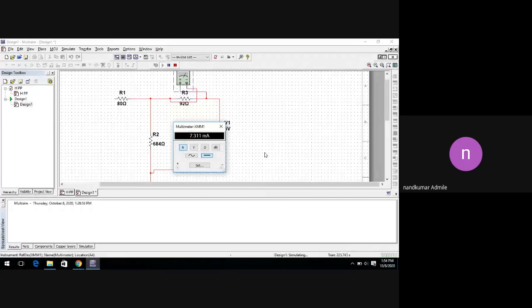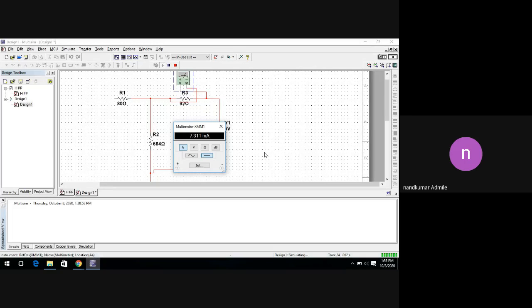By using these calculations, we can find out the various H parameters. Have you understood how to calculate the values of the parameters by using the simulation method? In your theory part, you might calculate the values of I1 and I2 by using the KVL rule, right?